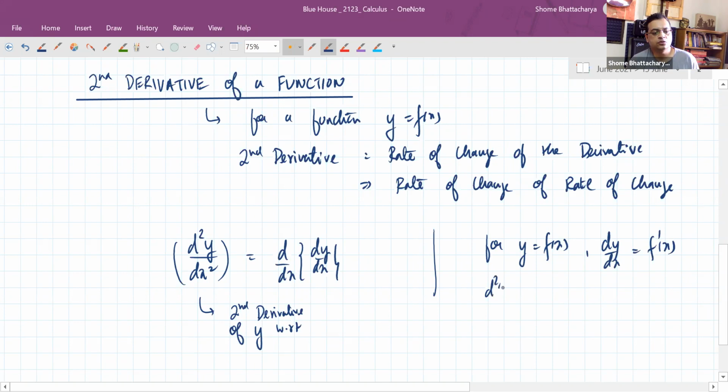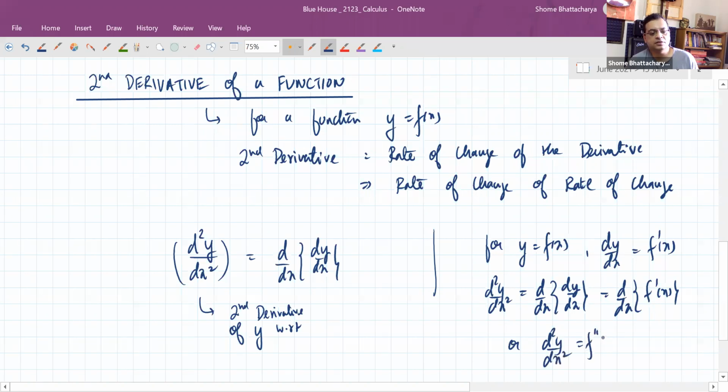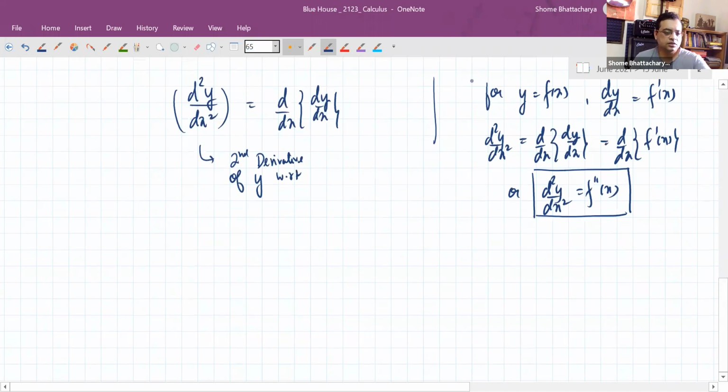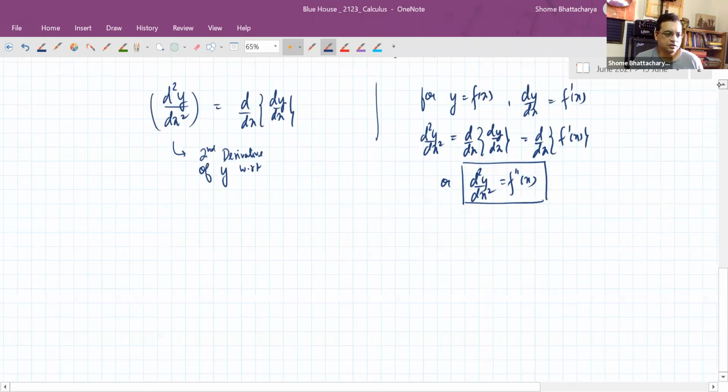Now d2y by dx square, which is rate of change of rate of change, becomes nothing but differentiation operated on f prime x. So in short, we write this as the second derivative. Sometimes we write it as f double prime x to show that we have differentiated twice. Okay, so this might be a little confusing initially. So let's just understand it with a quick example, then it will become clear.